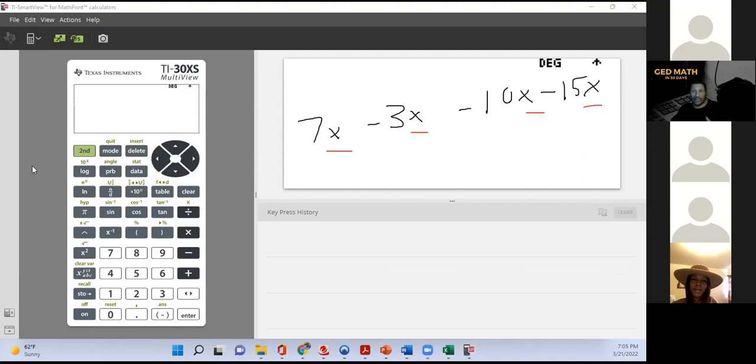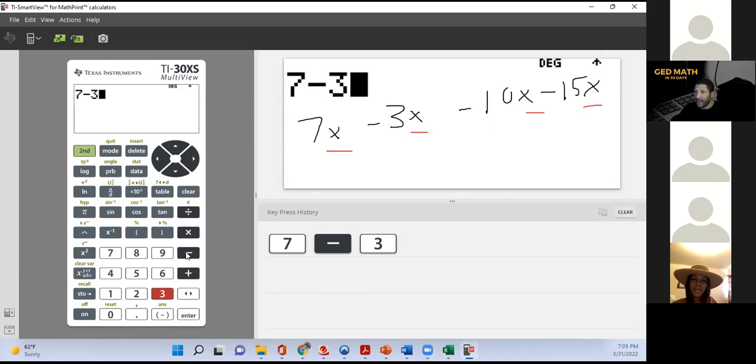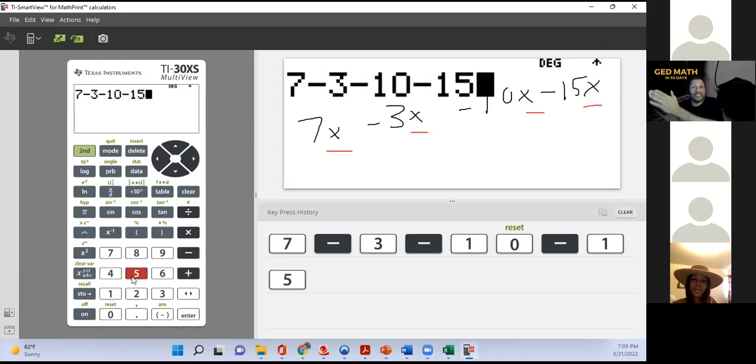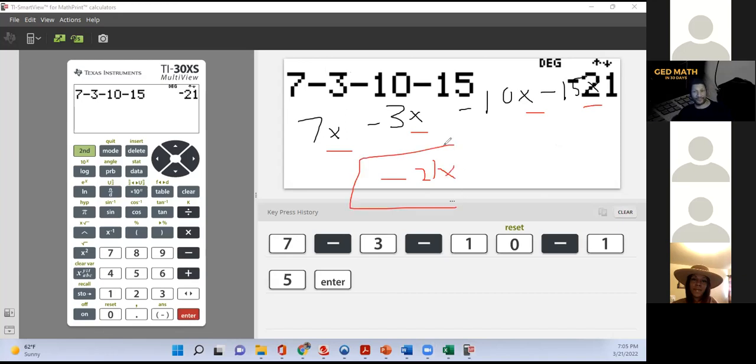In my calculator, I'm not going to worry about doing this by hand. I'm going to do 7 minus 3 minus 10 minus 15, because all I'm doing is combining the coefficients. When I combine them, I get minus 21. Since they're like terms, my answer is minus 21x.